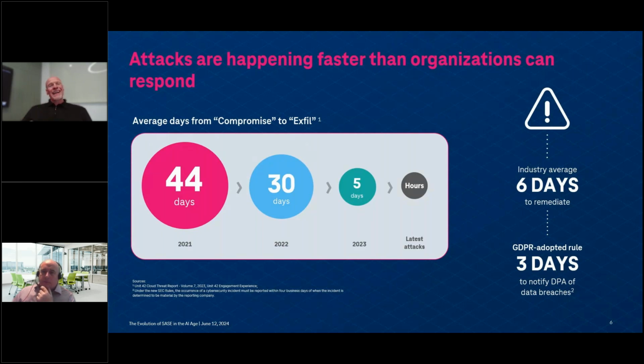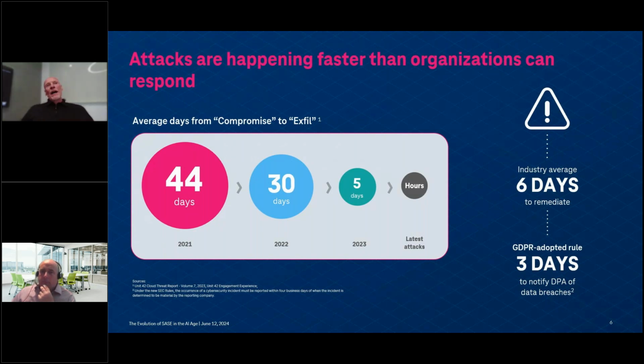The industry average for remediation is 6 days. So now you're looking at a really unbalanced equation. Then you add to that the GDPR rule of 3 days to notify the DPA of a data breach, and we're not really in a great place here.